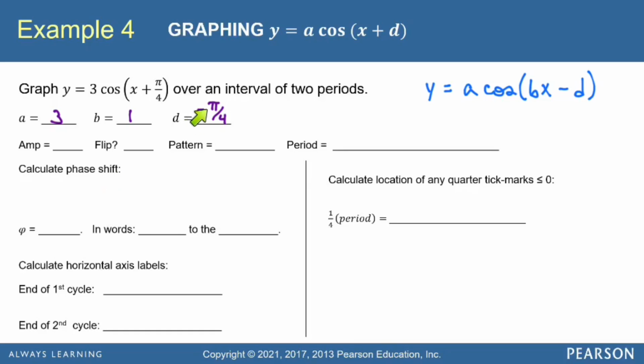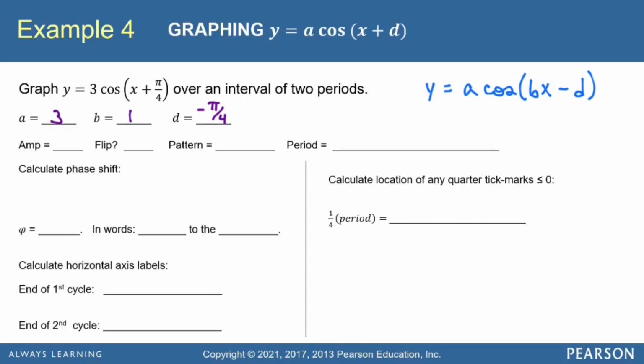But the reason we say this is negative is that the formula is cosine of bx minus d. So to account for the plus sign here, we have to think of this as x minus something. And if it's x plus pi over 4, then it's x minus negative pi over 4, you see.